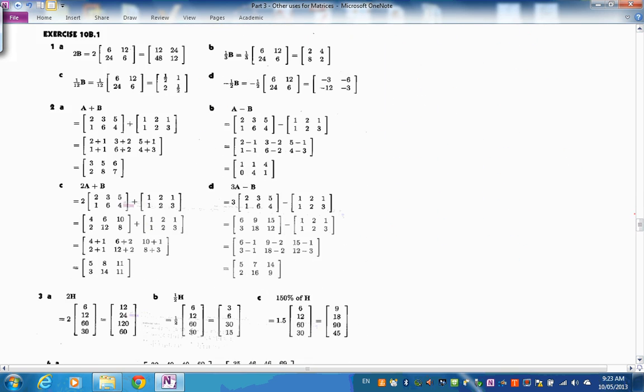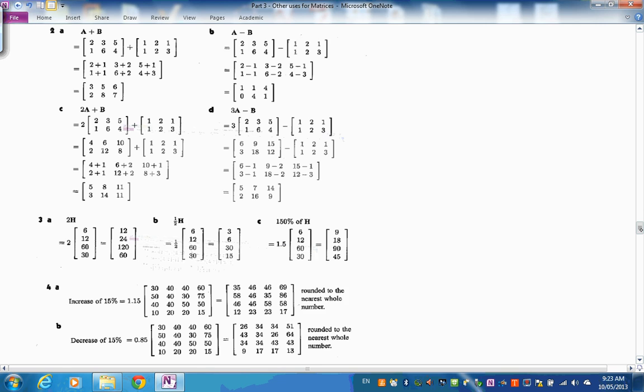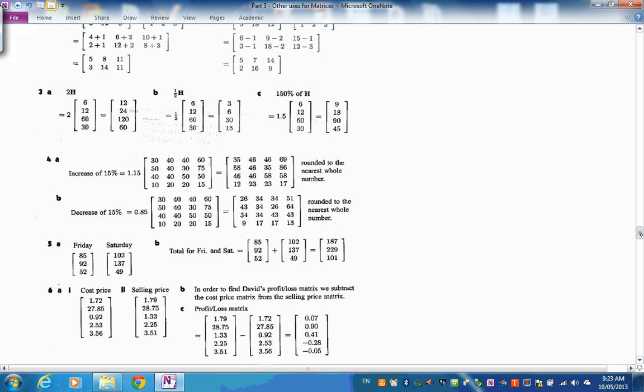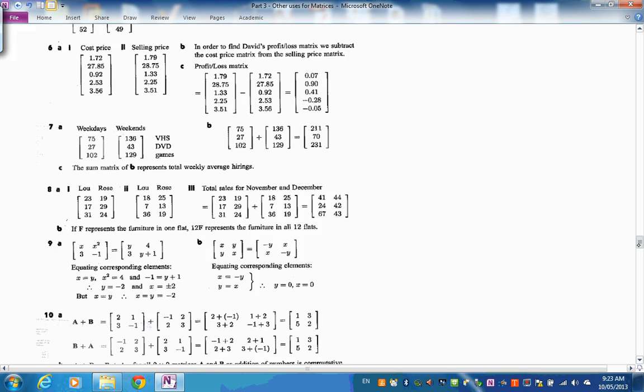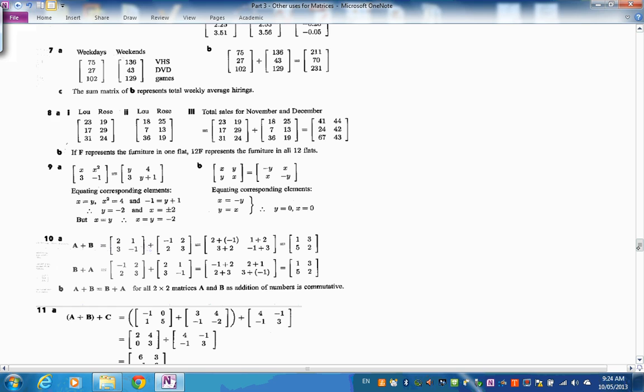So here's question 1 and 2. I'll freeze it there. Coming down then, question 3. 3 through to 6, you can probably get there. And then question 7, 8, 9 and 10.